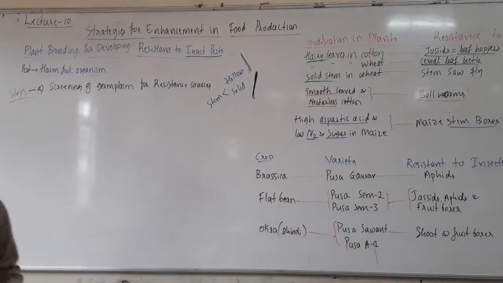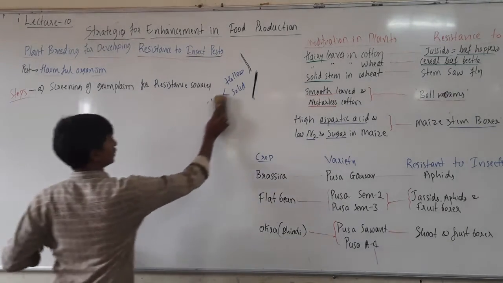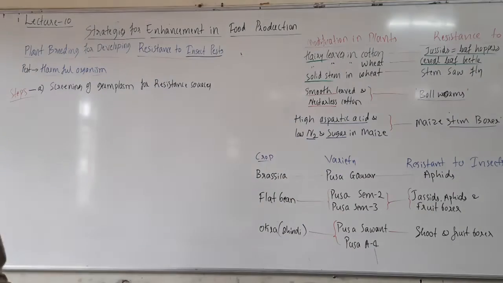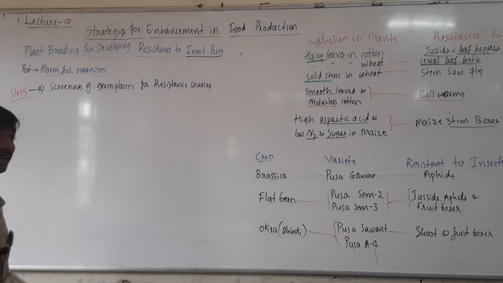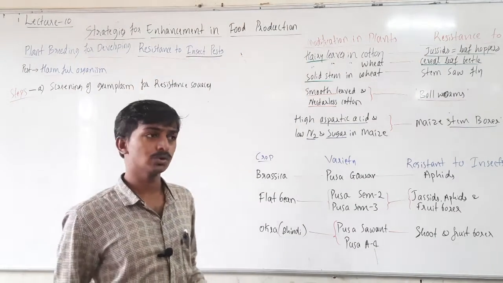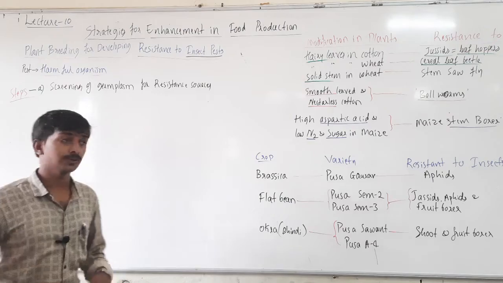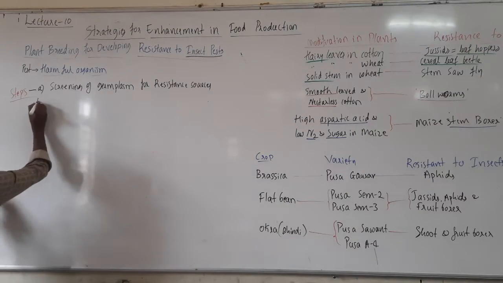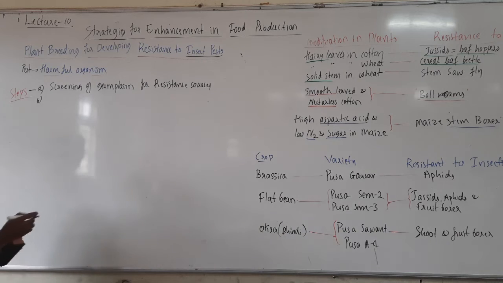Screening of germplasm for resistant sources means we should identify which plant has the resistant genes. Among those, you can choose which one is resistant and which one is not. After choosing, you should subject it to hybridization.